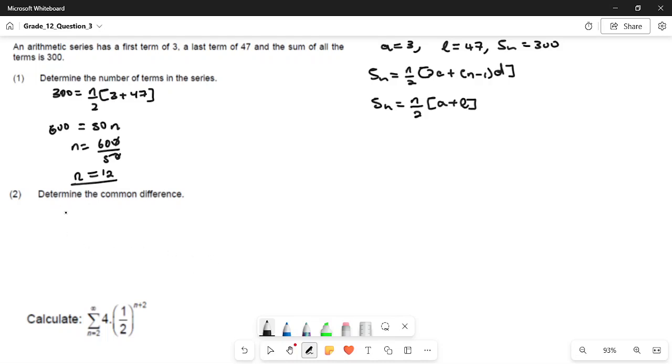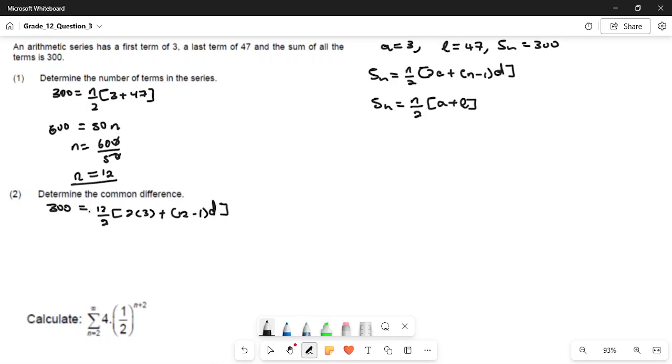And now the second question, determine the common difference. We'll use the first formula because now we know how many terms we need to add, and the only unknown is the common difference. So we'll say 300 is equal to 12 divided by 2, then 2 into 3, plus our number of terms, which is 12 minus 1, then times our unknown d.